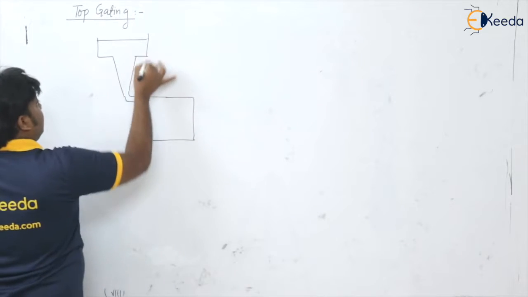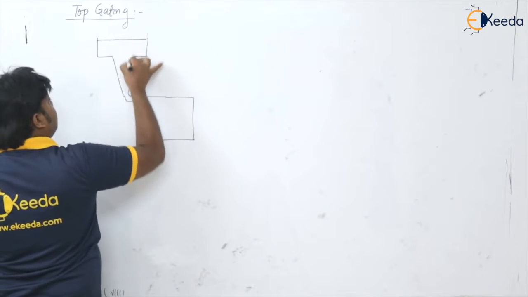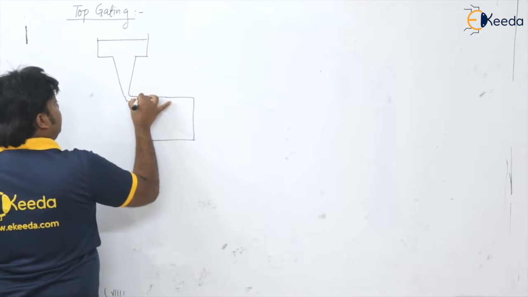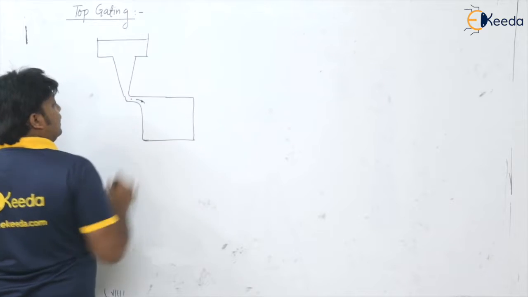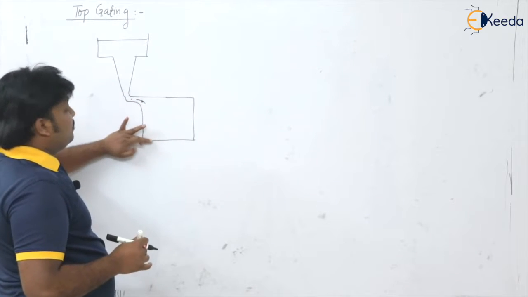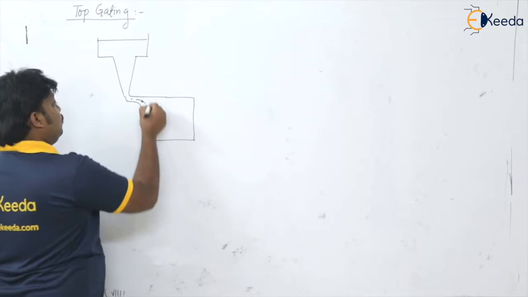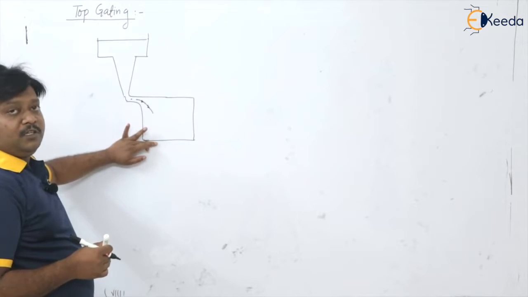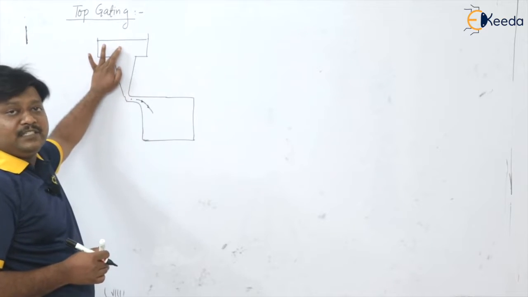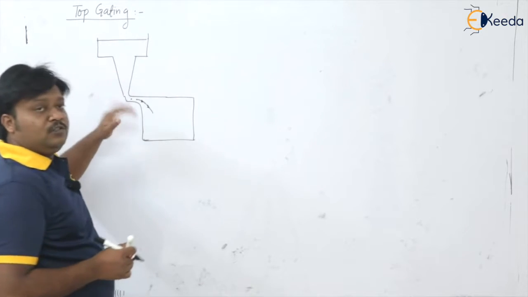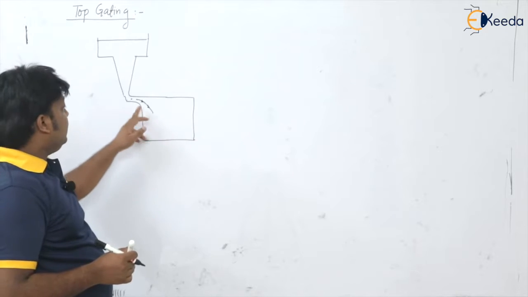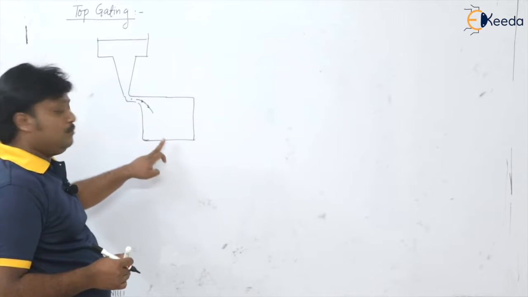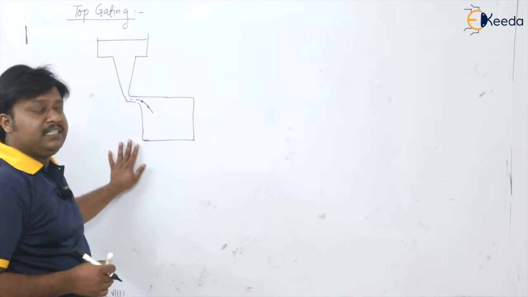See, when the molten metal is flowing from this basin to the sprue and entering from the gate from top to the bottom, see here how the molten metal is entering, from top to the bottom, then it is known as the top gating system. Understood? So the entry of molten metal from the ingate from top to the bottom is known as the top gating system.